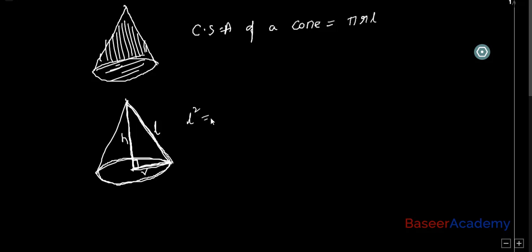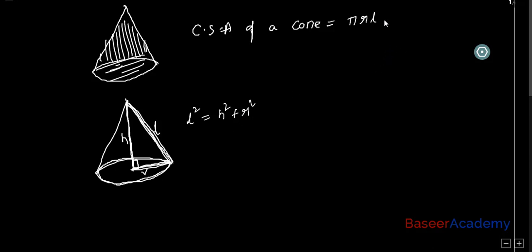Pythagoras theorem says that the square of the hypotenuse, and this slant line is the hypotenuse, is the sum of the squares of the other two sides. So the relationship between L, r and h is L square equals r square plus h square.